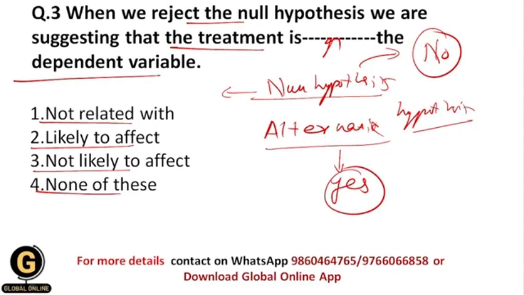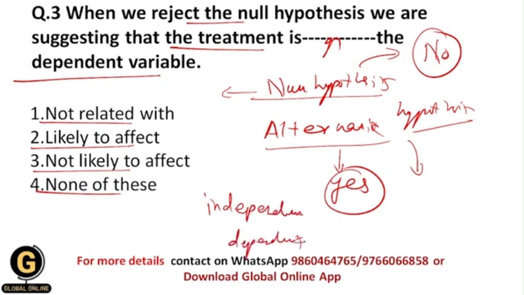And that's why here ultimately we accept that there is a relationship between the two variables. So it means that the treatment is going to likely affect the dependent variable. Whenever we study the variables in the research process, there are two common types of variables, and those are independent variables and dependent variables.